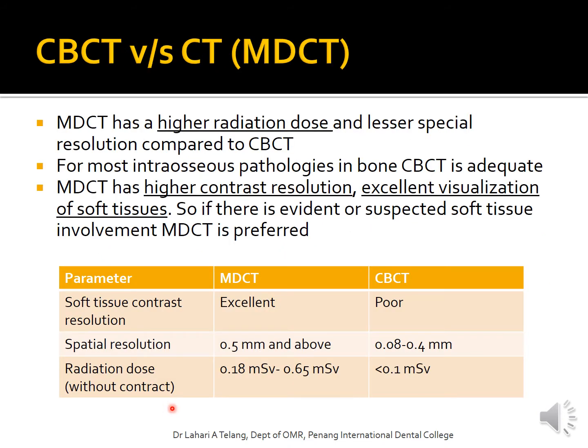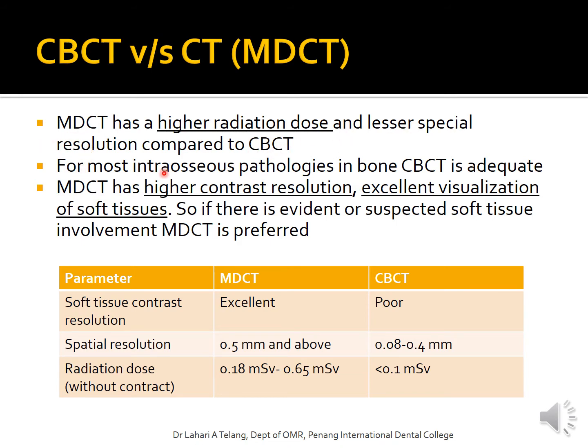And when you compare a CBCT to a CT scan, and we're going to use the term multi-detector CT scan because we've already dealt with CBCT in the maxillofacial region, the main difference is that the CT scan has a very high radiation dose in comparison to that of a CBCT scan, and yet it has lesser spatial resolution.